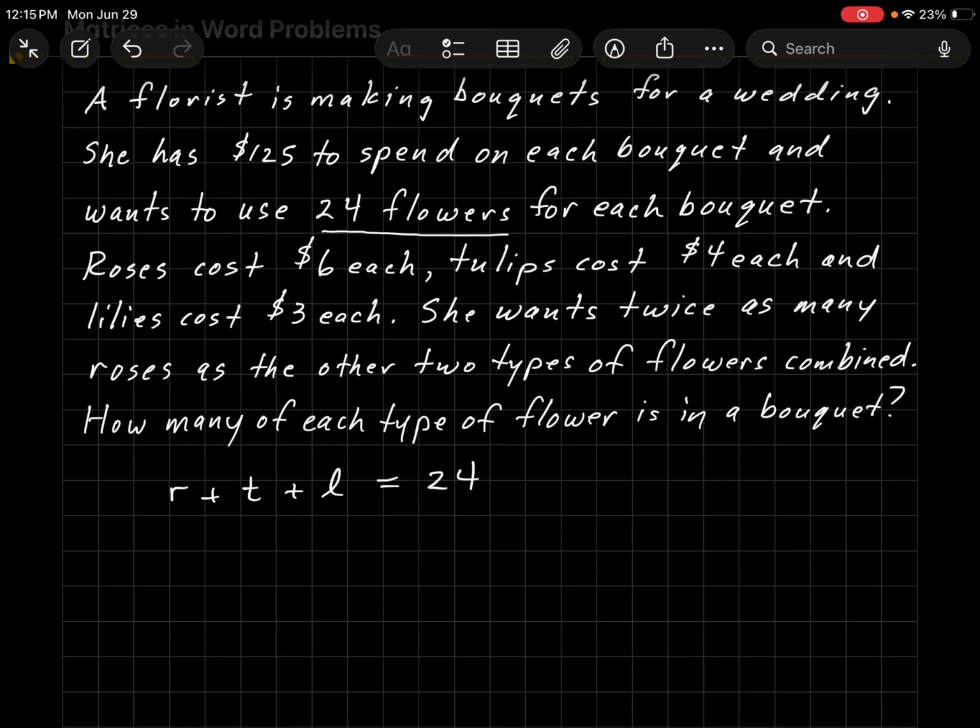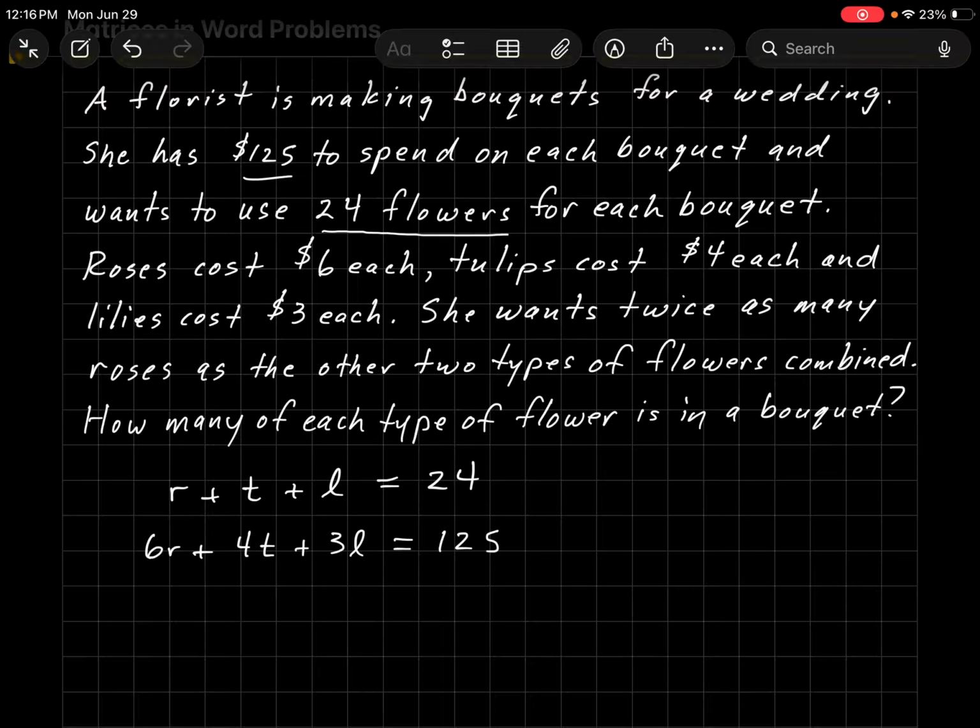I'm also going to use some money information to get another equation. I know that $6 times the rose plus $4 times a tulip plus $3 times a lily equals the total amount of money, $125. Great, so we have two of the equations.